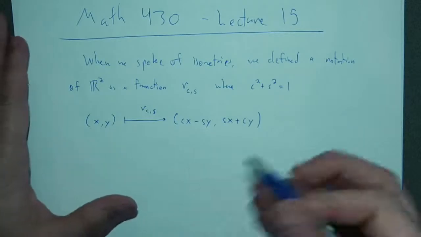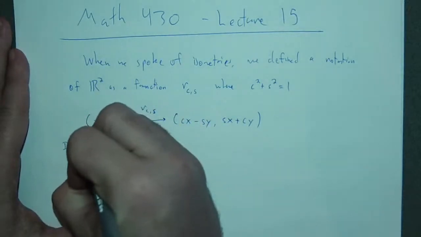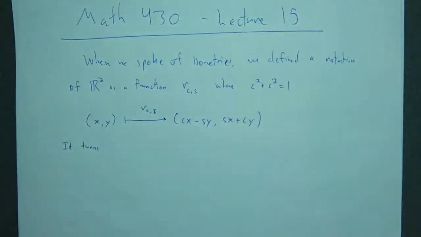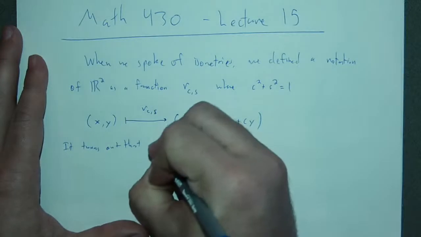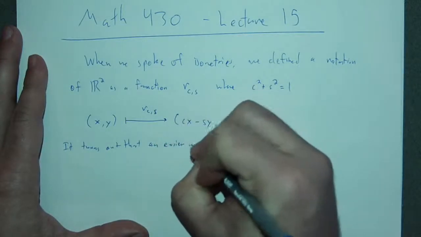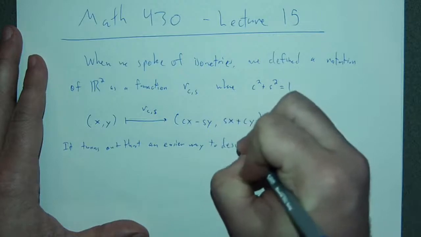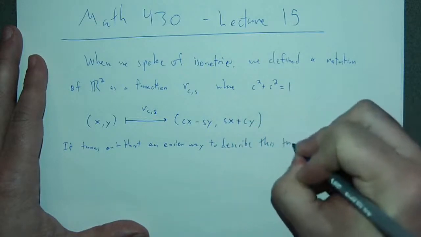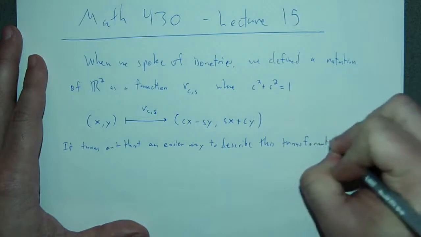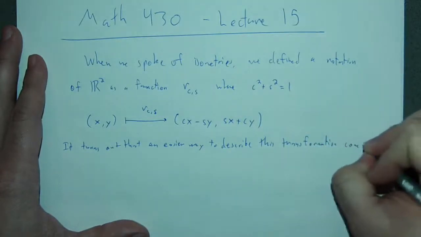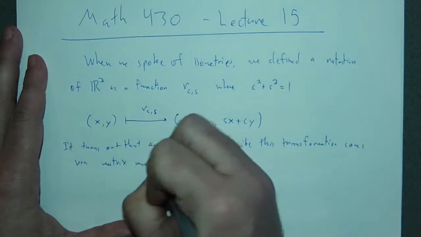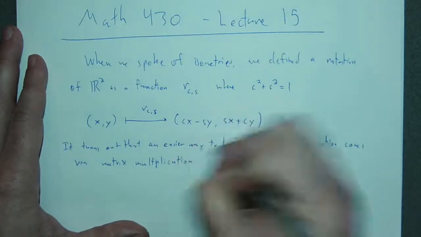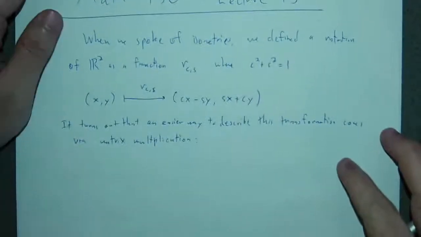So it turns out, and many of you probably noticed this when you saw it, or recognized where this came from, coming from linear algebra, that an easier way to describe this transformation comes via matrix multiplication. So what matrix multiplication can I use here?